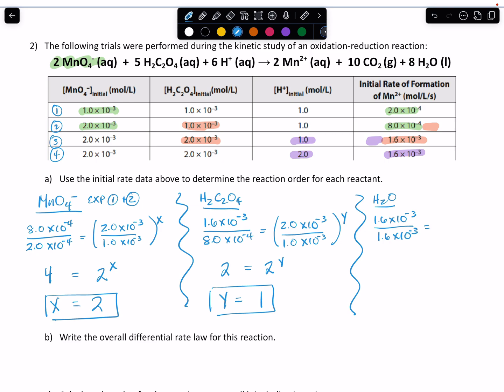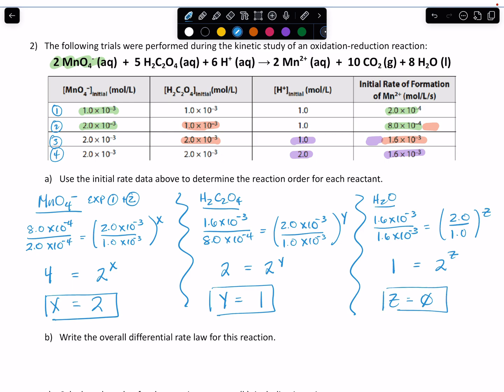Oh, the rate didn't change. Well, you know what that means. So 2.0 divided by 1.0 raised to the power z. So I get a 1 here, 2 raised to the power z. So the rate was not impacted by the change in the amount of H plus. So that tells me that it is 0 order in reference to H plus.